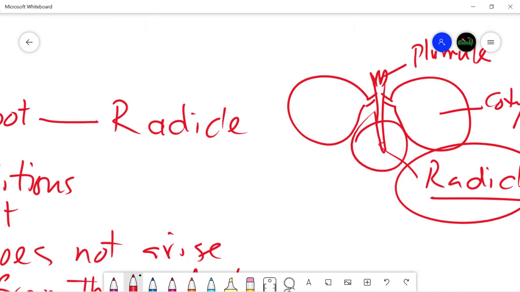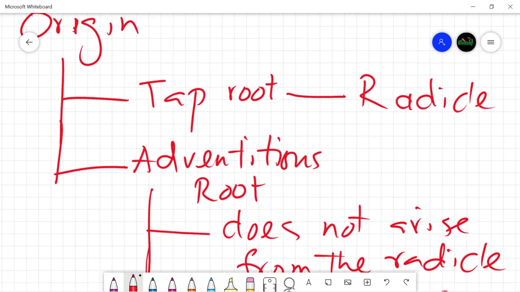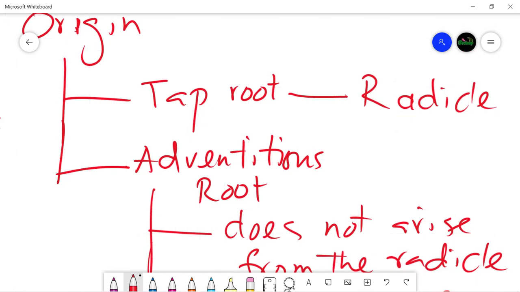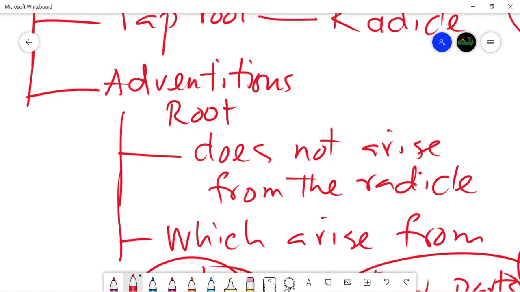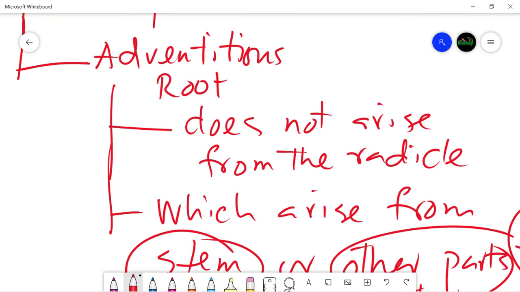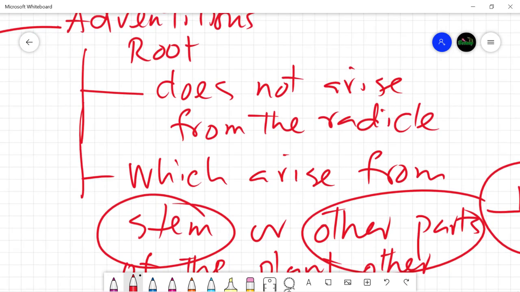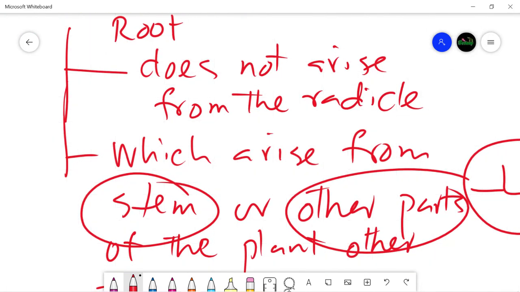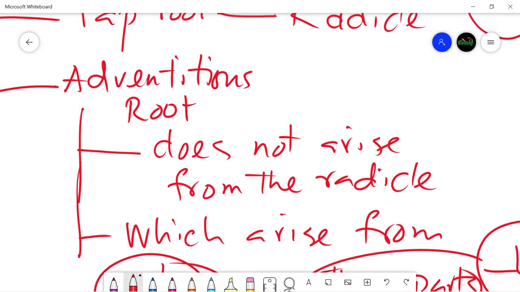So this is the seed and this is its radicle, and taproot forms from the radicle. In most cases, this is the main root of the plant. In some plants, the main root does not persist, or it is very small, and it is taken over by other kinds of roots, those which arise from the stem or any other part of the plant but not from the radicle, and they are known as adventitious roots.